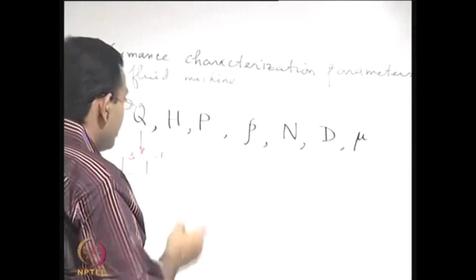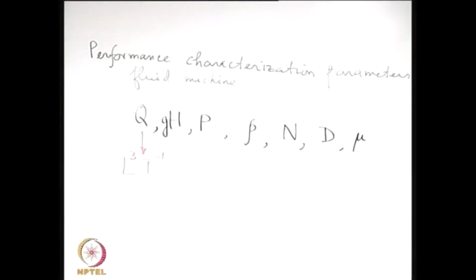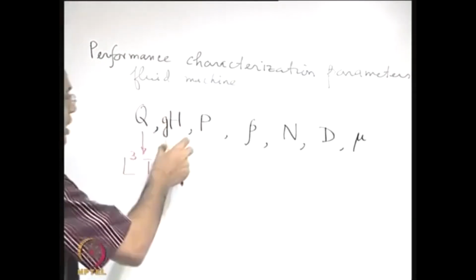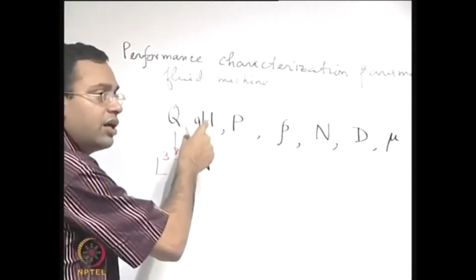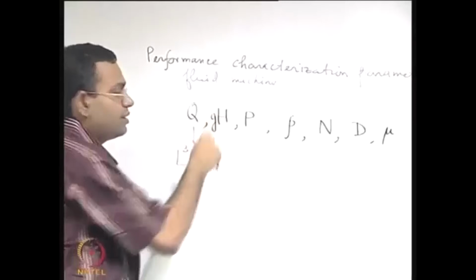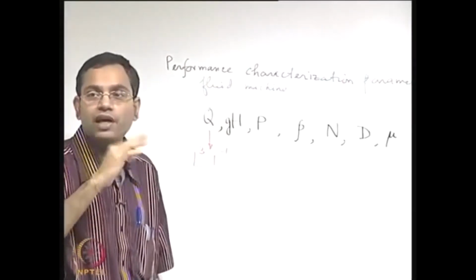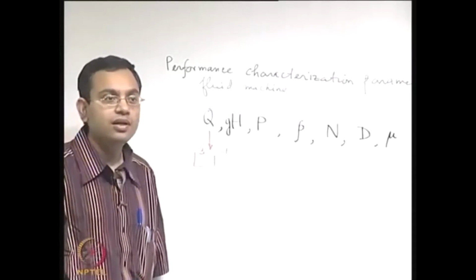Usually when you consider the head, it is combined with g. It is just a tradition, it makes no difference except in the dimension, g being a constant. You know that V square will scale with gH. So it gives a feeling of energy per unit mass.